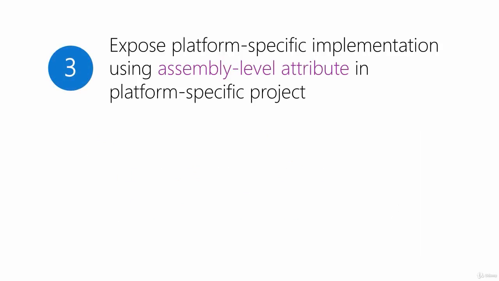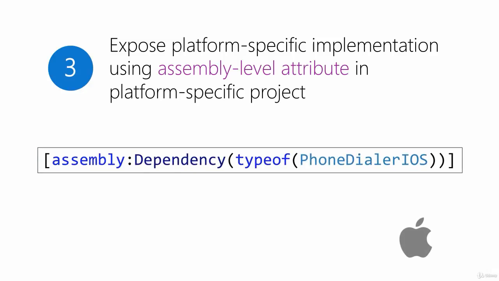Next, in each of the platform-specific projects, we let the dependency service know about our implementation using the Dependency attribute. This is declared at the assembly level, as you can see here, and identifies the implementation, which is then registered with the dependency service.